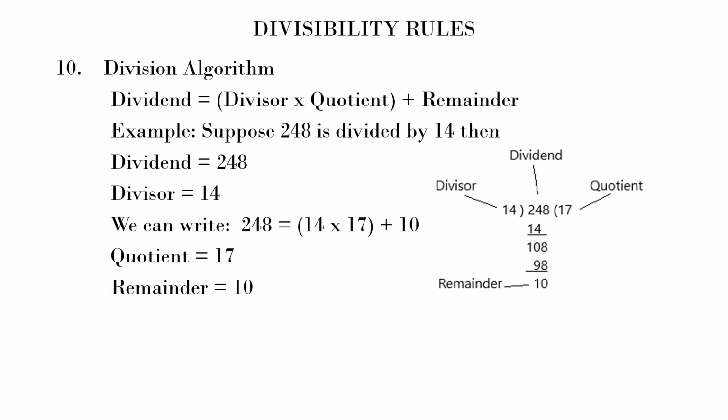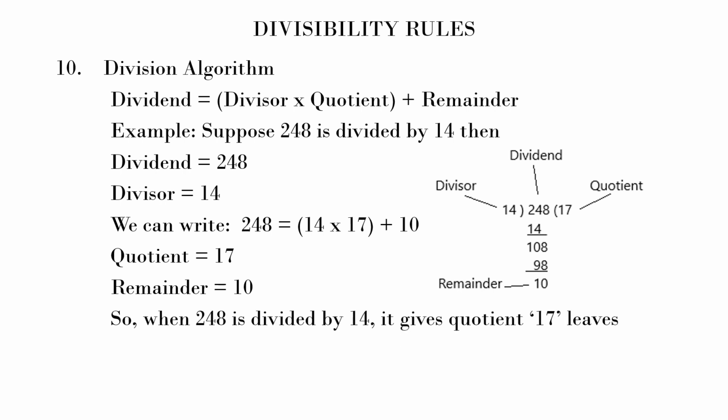So the quotient is 17, the remainder is 10. Now we can write 248 in the form of divisor multiplied by quotient plus remainder, 14 into 17 plus 10. So when 248 is divided by 14, it gives a quotient 17 and leaves a remainder 10.